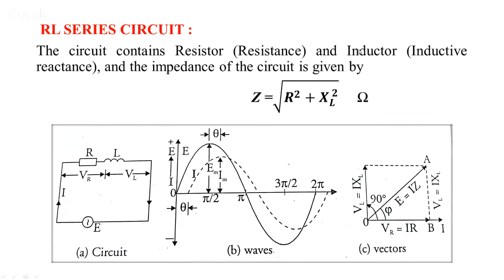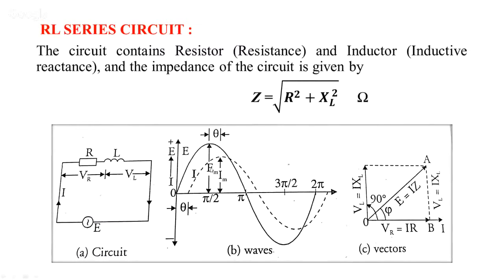So a resistor and an inductor is connected in series, and the impedance of such a circuit is given by Z equals root of R squared plus XL squared, and the unit of impedance is ohms. So resistor and inductor is connected to the single phase supply here.